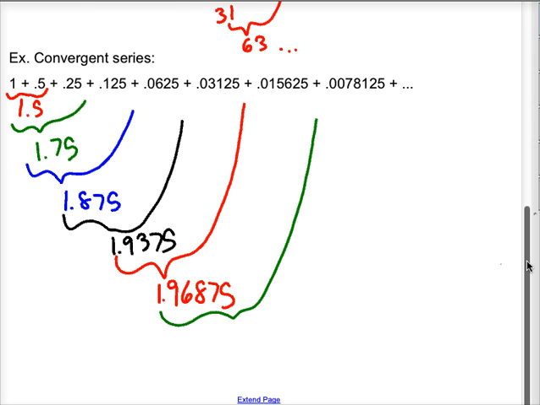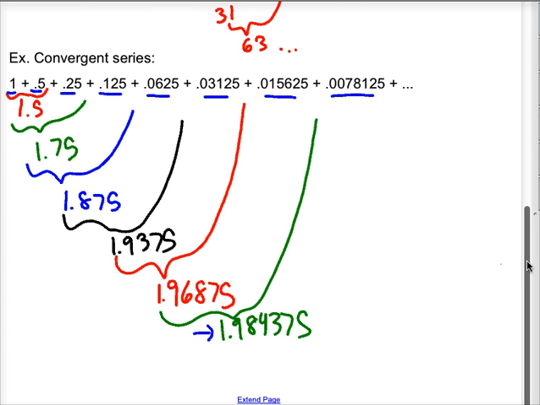If I add in the 0.015625, now I have 1.984375. So if you notice, because each individual term is getting closer and closer to 0, our sum here is stabilizing. Our sum is getting closer and closer to 2.